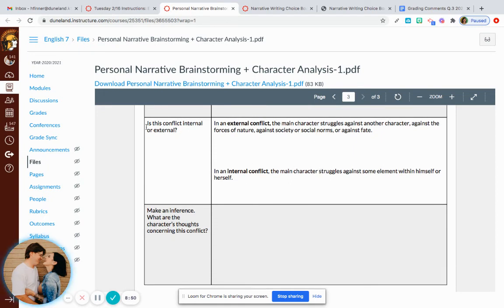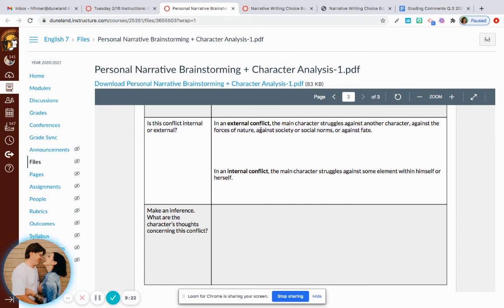And then you're going to tell me if this conflict is internal or external. For example, my conflict would be internal because in my skydiving example, I'm struggling with my own battle with myself of should I do this, shouldn't I do it? Some students said though that there could be external conflict, maybe with the weather. Yes, that could be an external conflict, a force of nature. Maybe in your story, there was a storm.